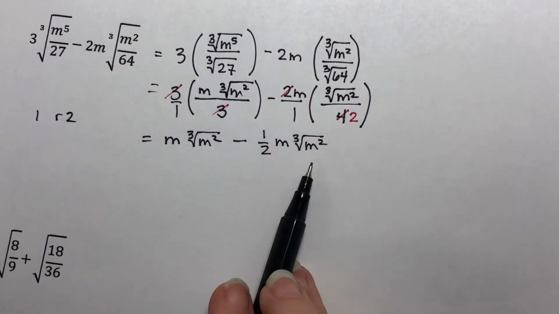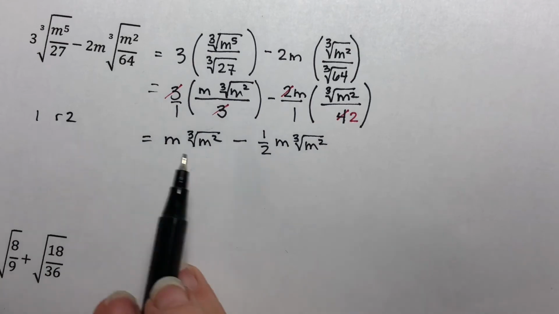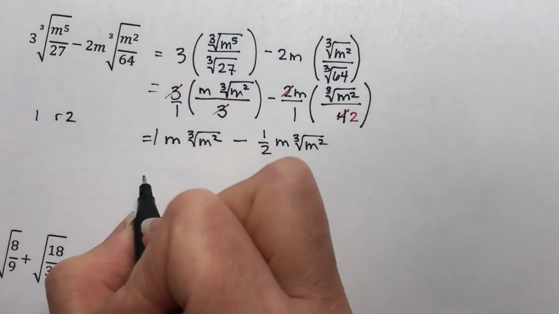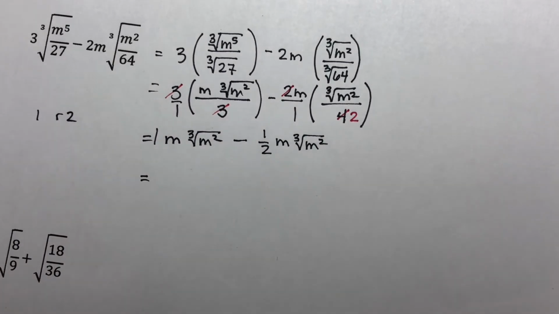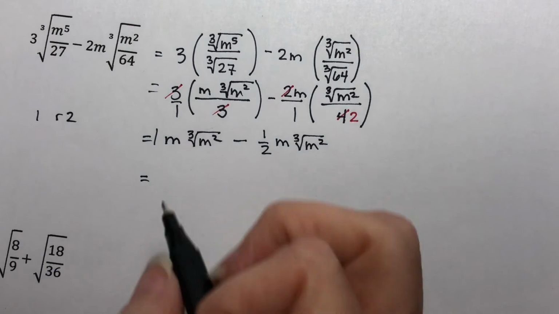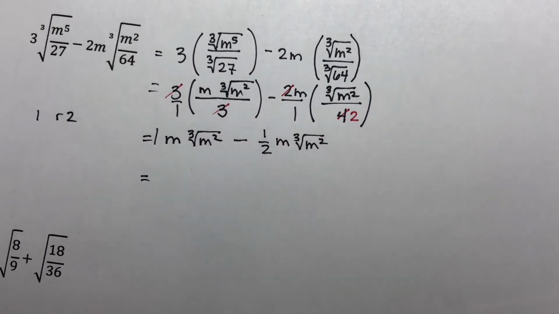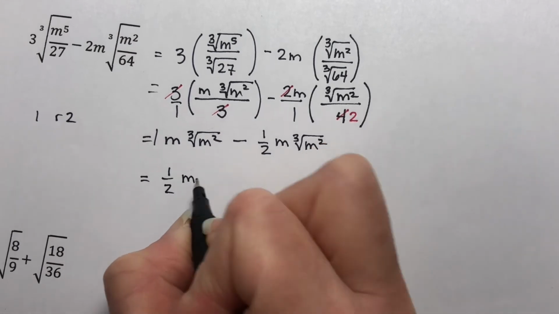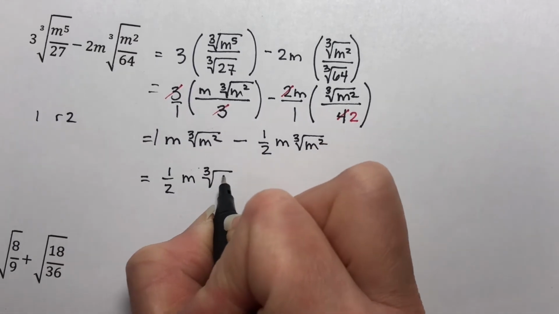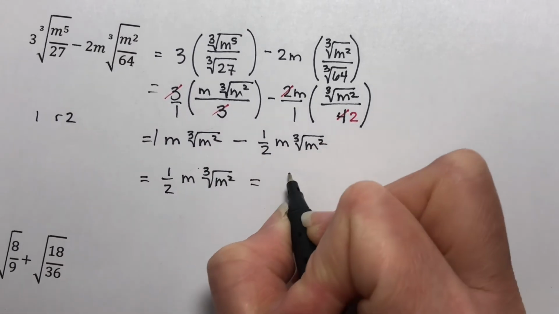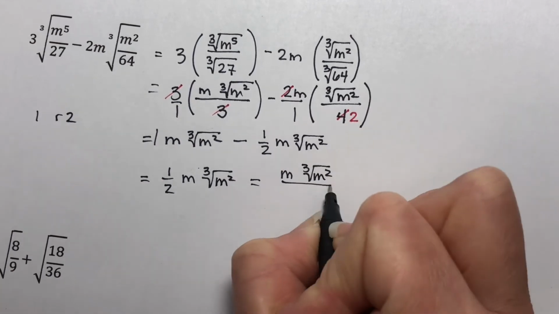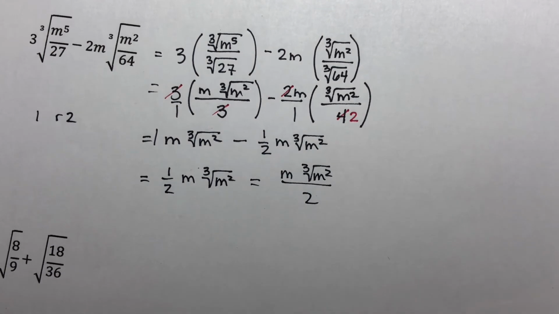Now, why did I write it like that instead? Because it's easy for us to say, okay, well, 1 minus 1/2 is 1/2. That's one of the fraction subtractions we can usually do in our head without getting a common denominator. But you could go through getting a common denominator in everything. What you would get is 1/2 m times the cube root of m squared, which is the same thing as m times the cube root of m squared over 2. Those are equivalent. They're both equally good.